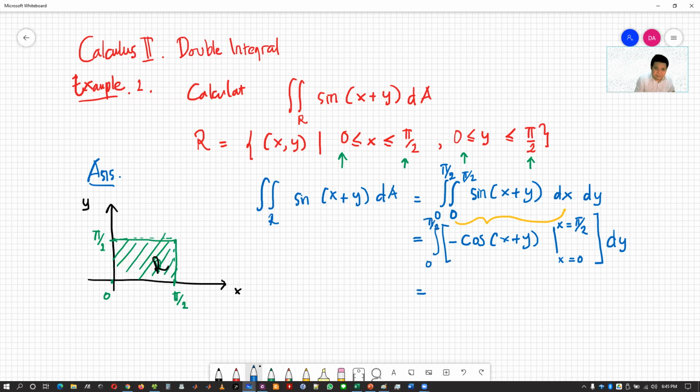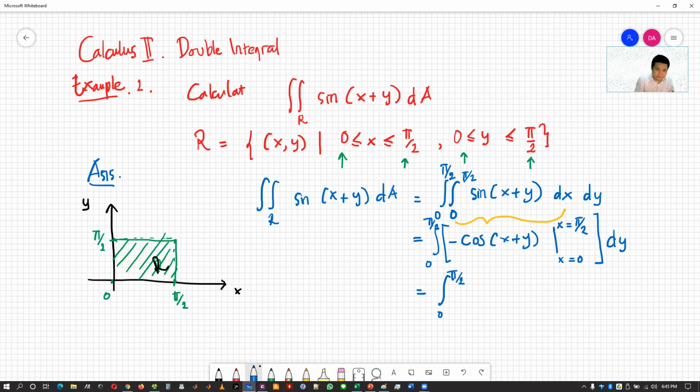And then just simply substitute the value itself. x is pi over 2, and then x is 0. Remember y is still a constant, we do not do anything with that. I write down again the boundary for y itself.